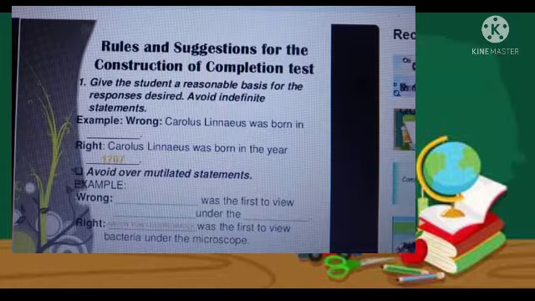And the right sentence: "Carlos Lanius was born in the year of blank." Next one, avoid overmutilated statements. Example: "Blank was the first to view the blank under the blank," instead of "Blank was the first to view bacteria under the microscope."